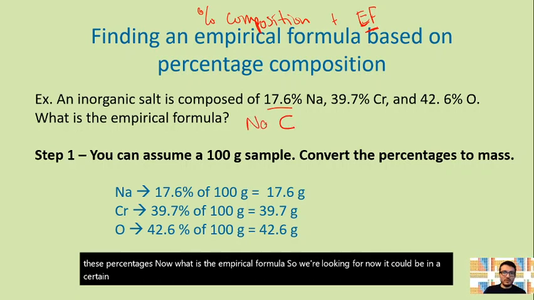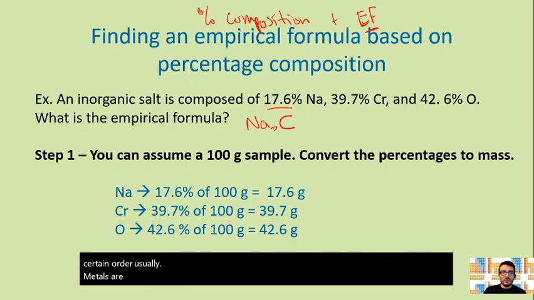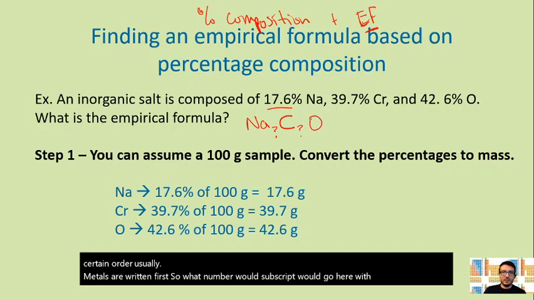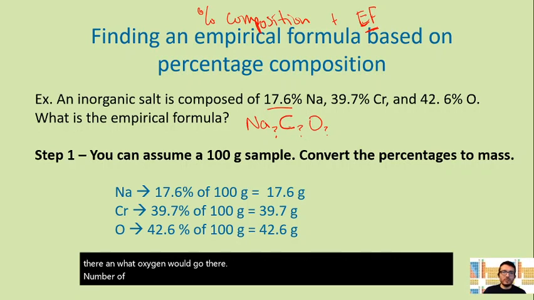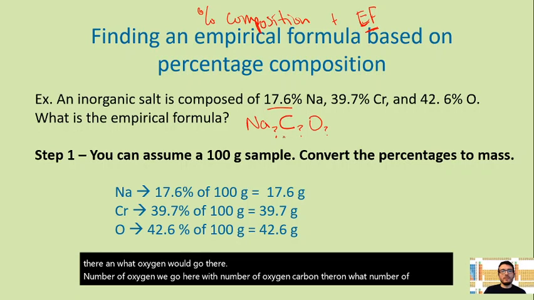Usually metals are written first. So what subscript would go here, what subscript would go there, and what number of oxygens would go there? Okay, that's what we're figuring out.